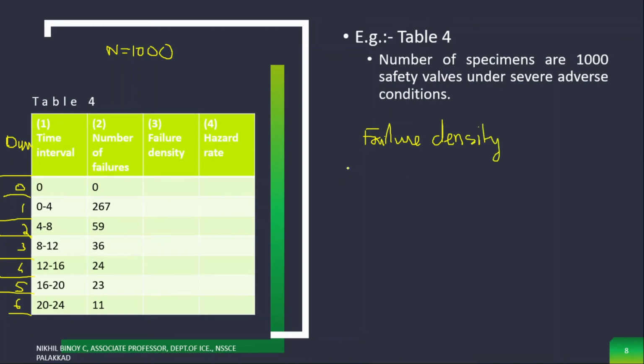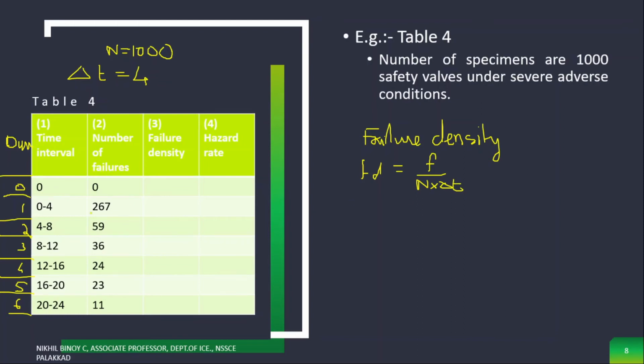What is our equation? fd is equal to f by N if Δt equal to 1. So check whether Δt equal to 1 now. 0 to 4 means Δt is not equal to 1, Δt equal to 4. So we need into Δt.